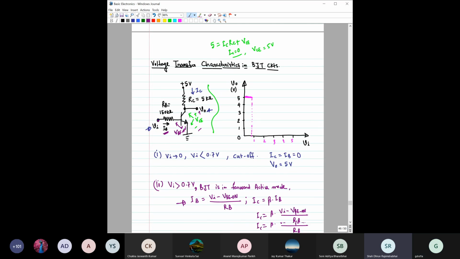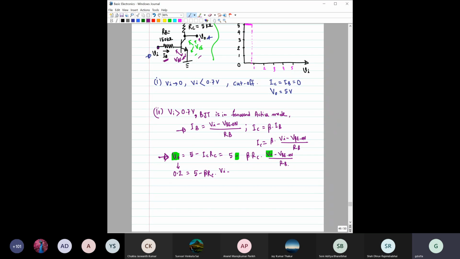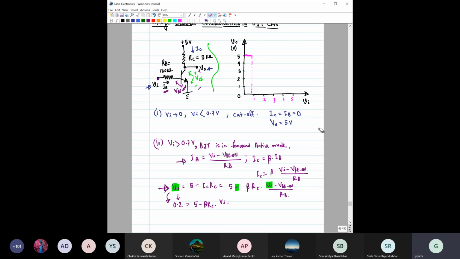So your question is why I am writing from here, means how in this equation I can write 0.2? Yes sir, that is a good question.